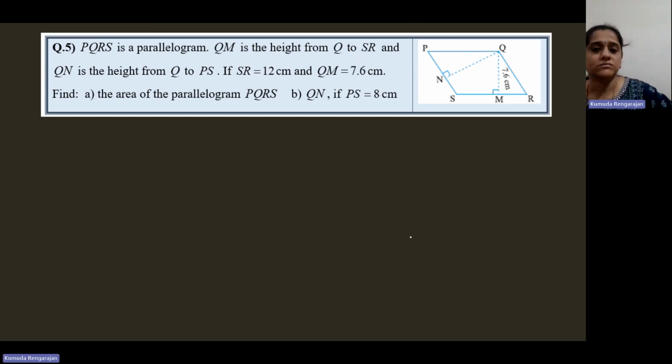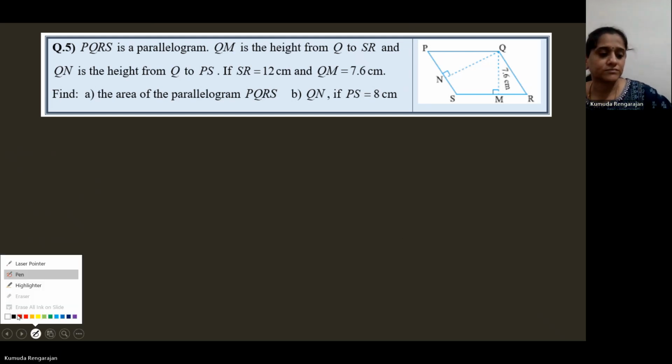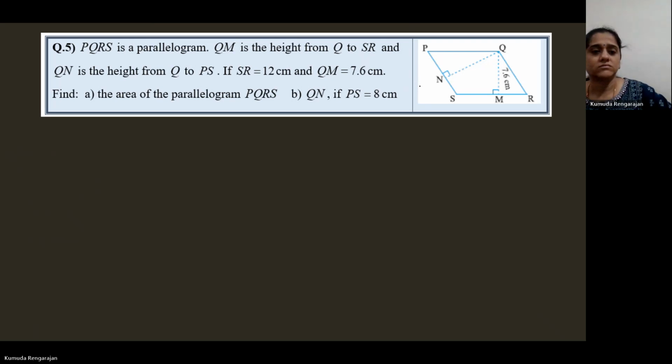Look at this one. SR is 12. QM is 7.6, that's marked. The other things are known.